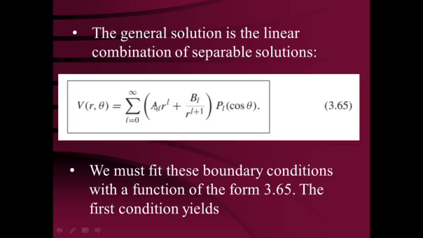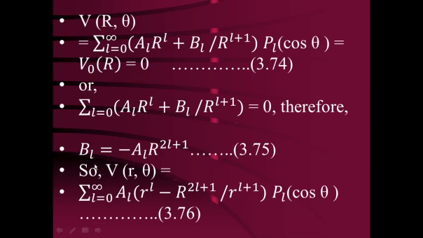So B1 is equal to minus A1 R to the 2L plus 1. So B1 is equal to, A1 being nothing but minus E0, minus minus, that is going to be plus E0 R to the 2 into 1 plus 1, that means 2 plus 1, R cube. So here B1 is equal to E0 R cube.